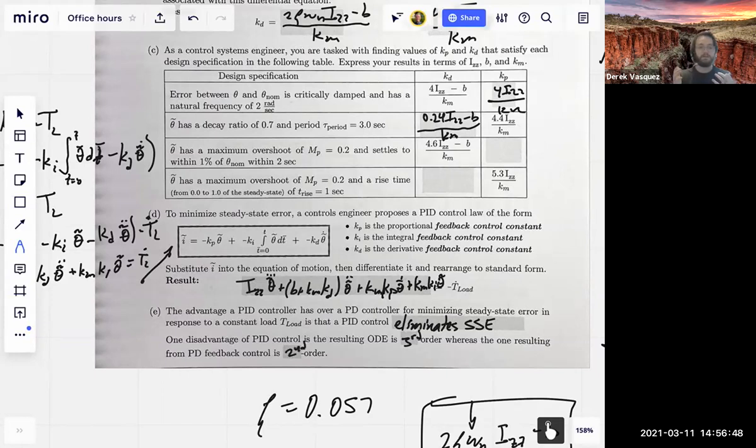So it adds a degree of complexity to our system here. And so we're solving a third order system versus a second order system, which is just a level of complexity that you may or may not be prepared to deal with. Okay. Any questions about that?